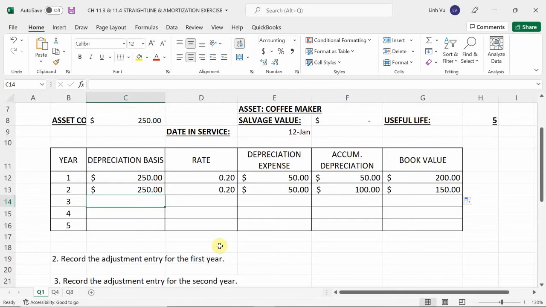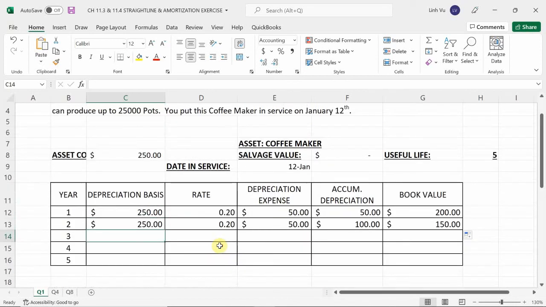So then what's the next one? What is the basis for the third year? 250 with 20%. And you notice that everything's the same, including the depreciation expense of 50.